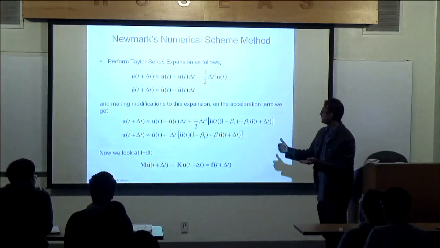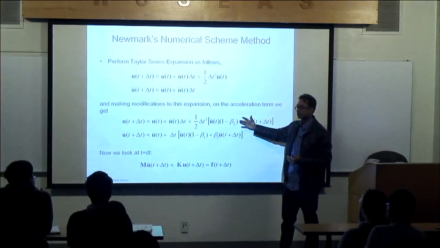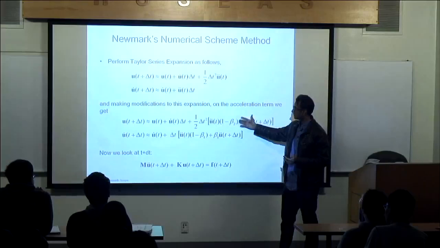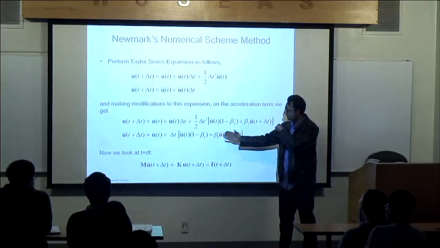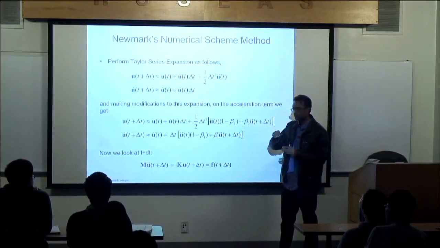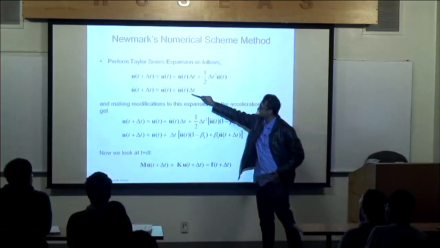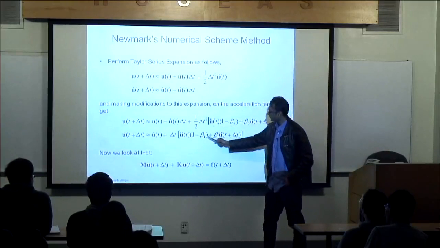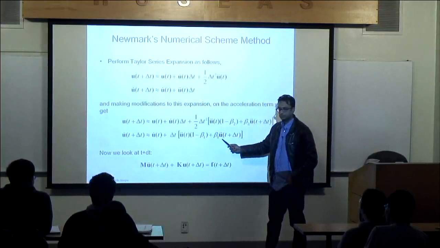So maybe I want to use forward difference here, or backward difference here, or central difference here, but here I want to use a different kind of interpolation scheme for the acceleration term. But you can see here, again, I'm taking my u double dot, and I'm interpolating between the future and the past with this beta 1 term.